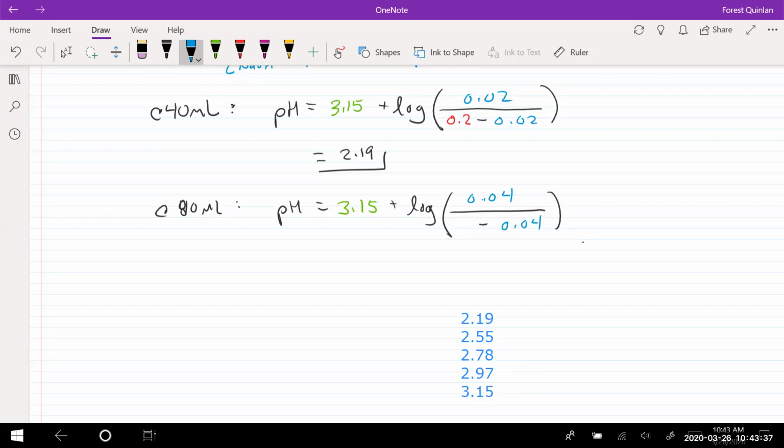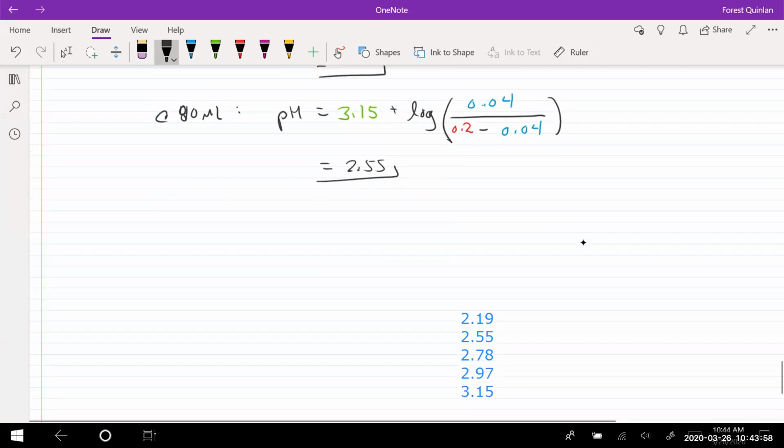We can put those in there, and 0.2. And Dallas will tell me that's 2.55. Okay. At this point, we can say ditto for region 1.